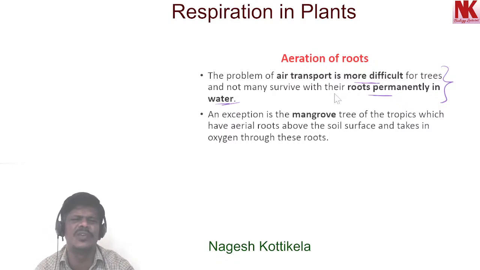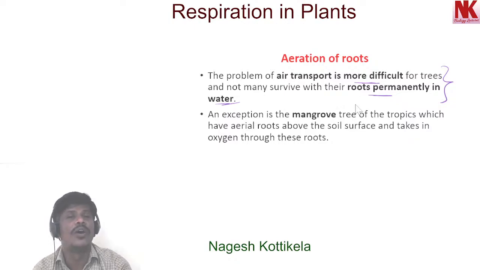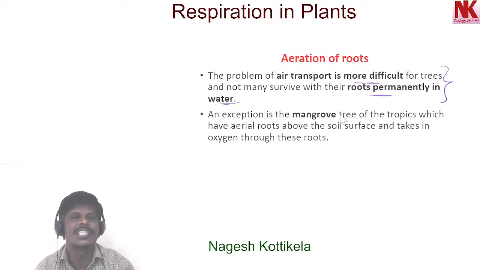It is a very difficult condition to supply oxygen continuously to the roots, or to aerate the roots. It is a difficult condition for these plants. Okay, so an exception is the mangrove plants.